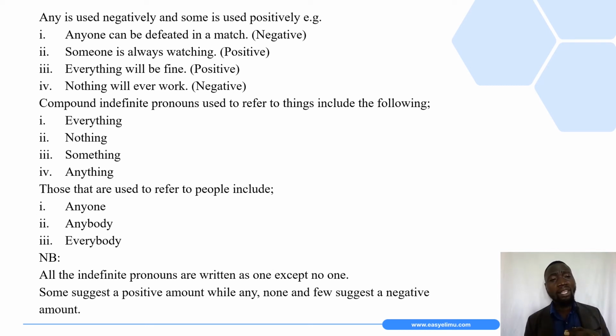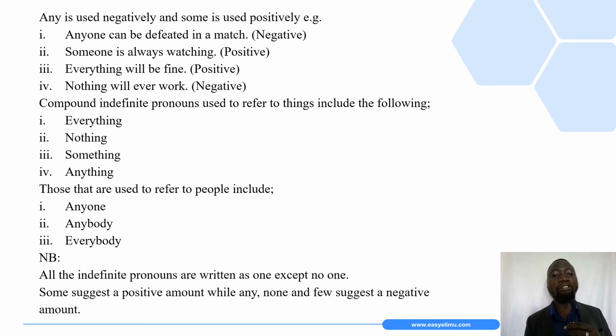Any is used negatively and some is used positively, just like they were differentiated in the previous slide that you had on your screens. So just to make you understand this better, we have other examples in sentences.